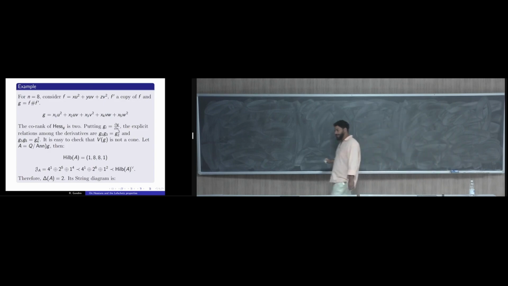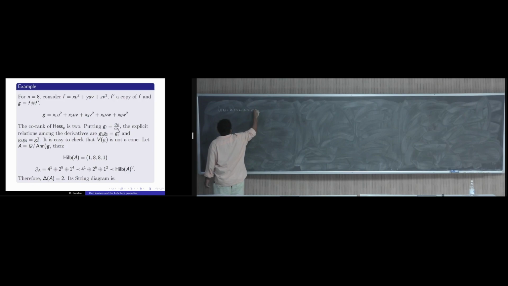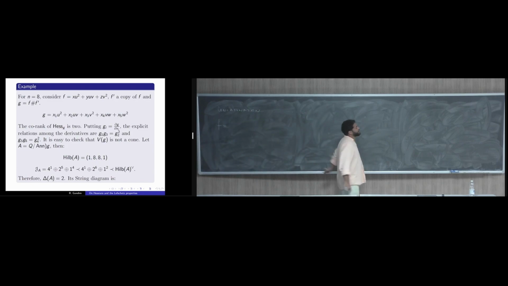Let me explain in this explicit example. Let F be the Perazzo form.